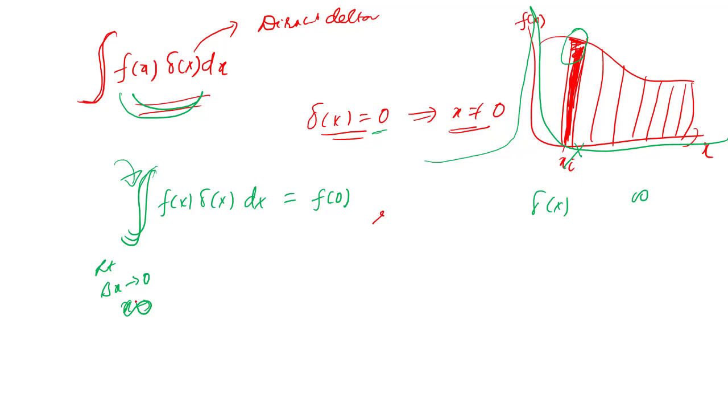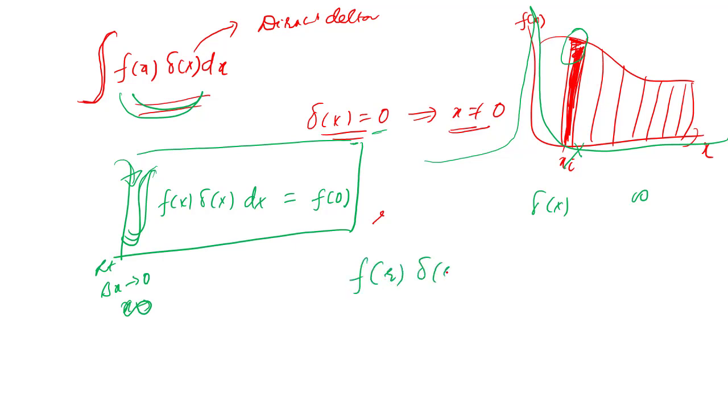So this integral of f of x delta x dx would be f of 0. In general, if I have f of r and delta of r minus a vector, dr, or dv, a volume integral, this would be equal to simply f at a.